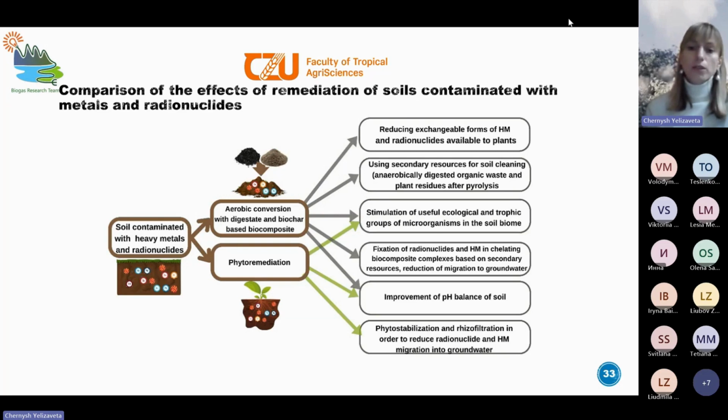It is used for stimulation, how to say, growth of the soil biome, useful microorganisms in soil, which is very important for covering territory, fixing radionuclides in stable structures and reducing migration to groundwater. Also, phytoremediation improves the pH balance of soil, with phytostabilization and filtration, in order to reduce radionuclide and heavy metal migration into groundwater.